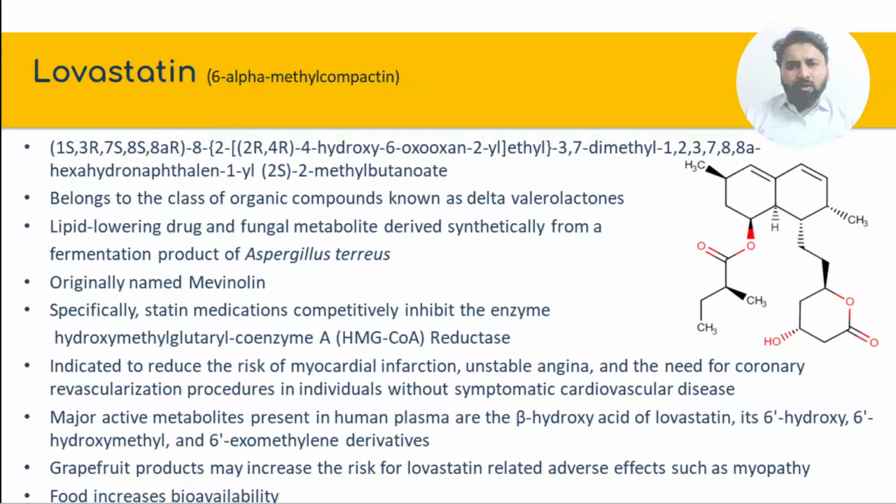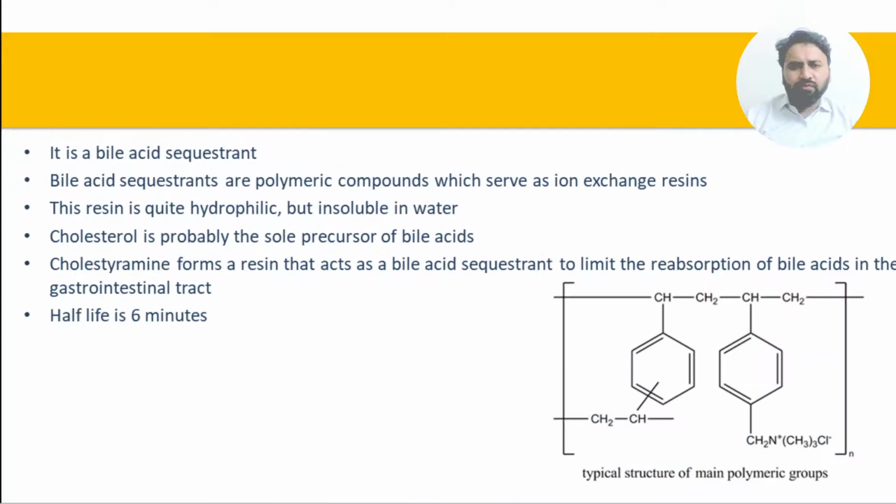Now the next compound is cholestyramine. You can see the structure of this cholestyramine. How does it look? It is a kind of polymer, right? It is a very typical polymeric structure, a macromolecule, and so a specific name for the structure is not there.